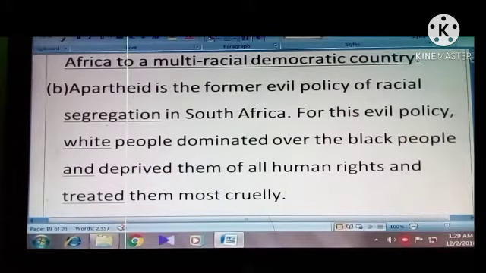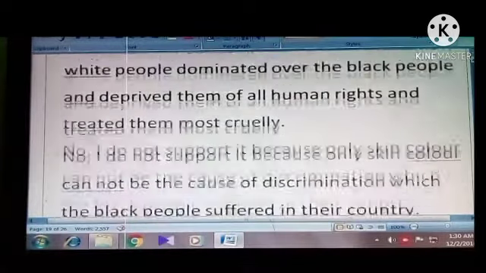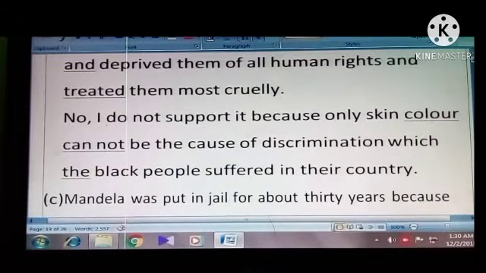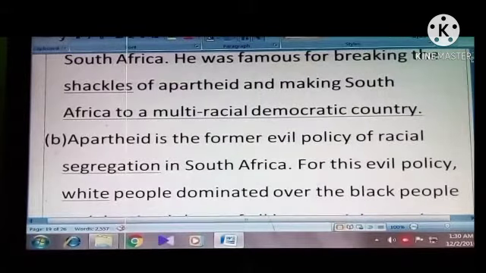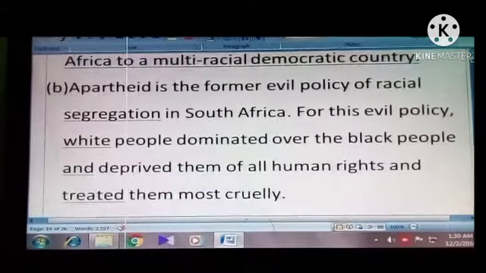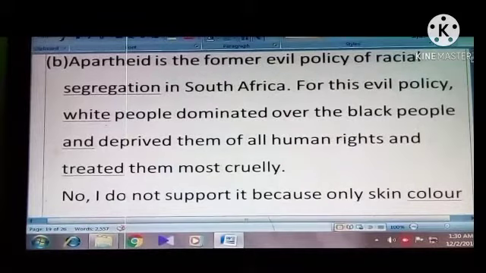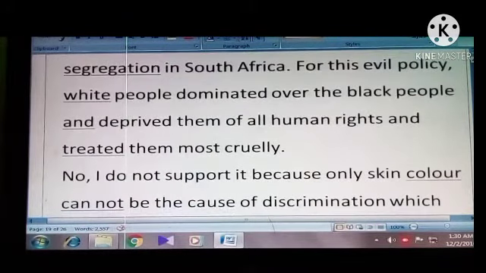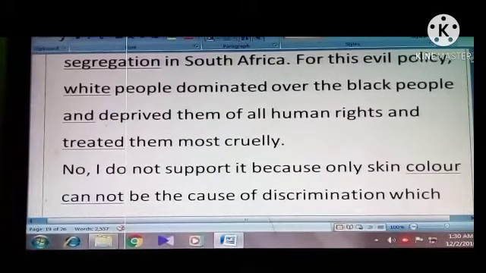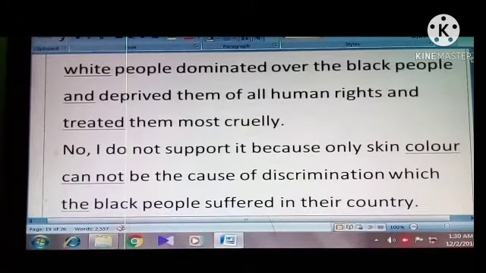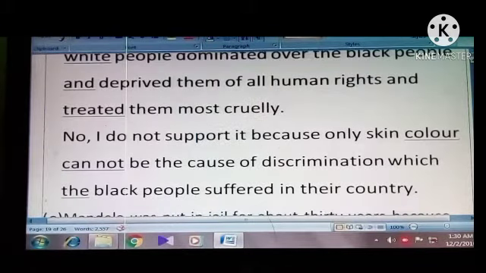Do you support it or not? In answer we can write, no, I do not support it, because skin color alone cannot be the cause of discrimination, which the black people suffered in their country.